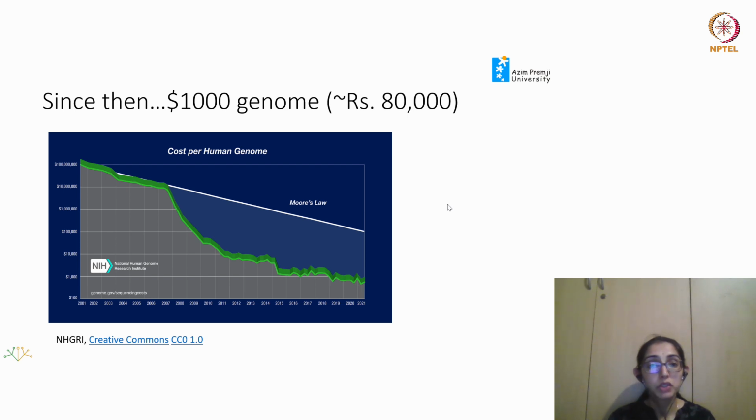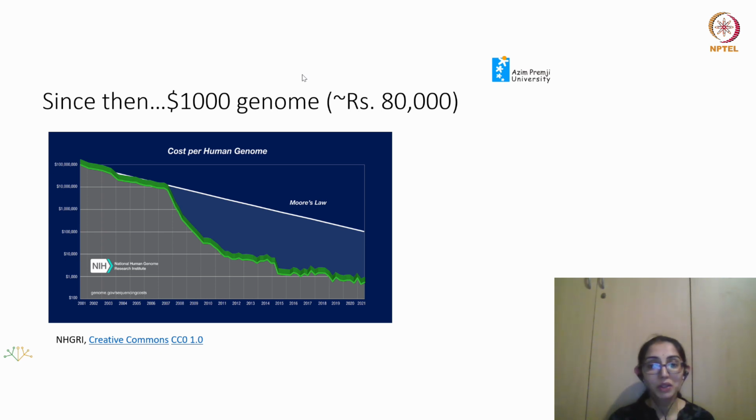Now, since the Human Genome Project completed in 2003, the cost of sequencing one human genome has dropped dramatically. It took us 13 years to get a human genome, but now we can do this in a matter of hours. The Human Genome Project was a $3 billion project, and now the cost of sequencing one genome is on the order of $1,000.